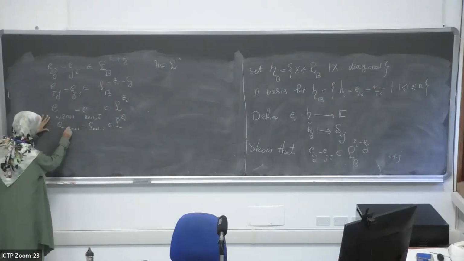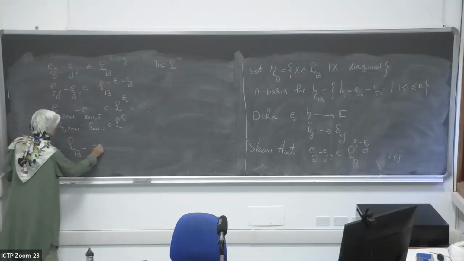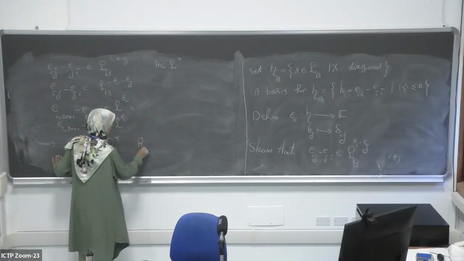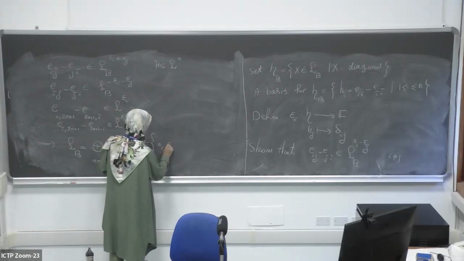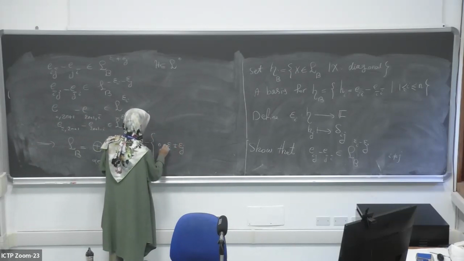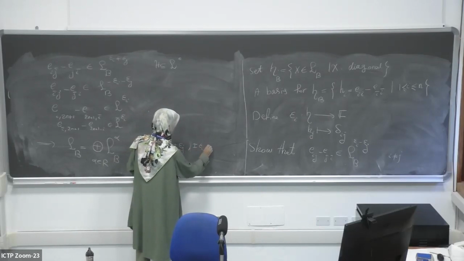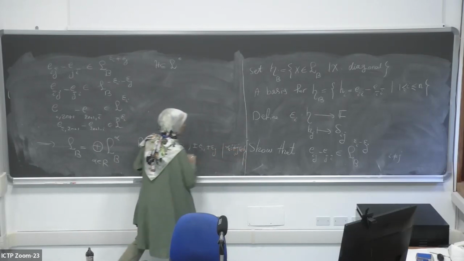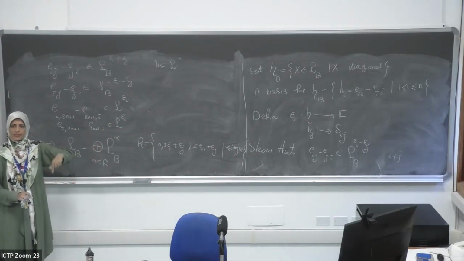L_B is the direct sum of L_B alpha, where alpha is an element of R, and R is just 0, epsilon_i, plus or minus epsilon_j, plus or minus epsilon_i plus or minus epsilon_j. Again, L_B is an L_B module, and we can consider it as an H_B module.